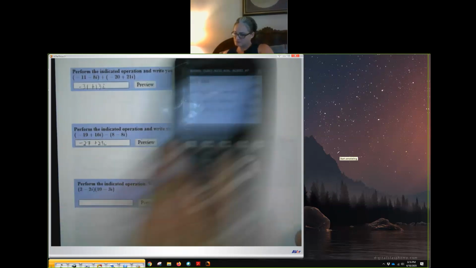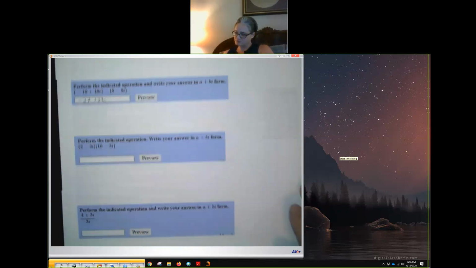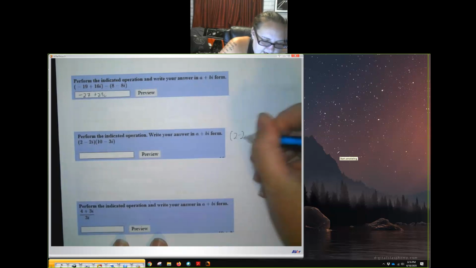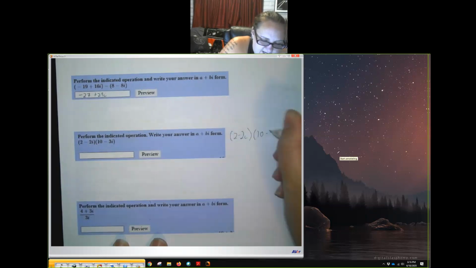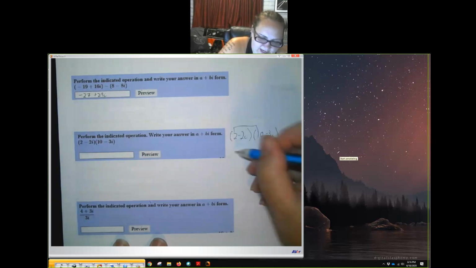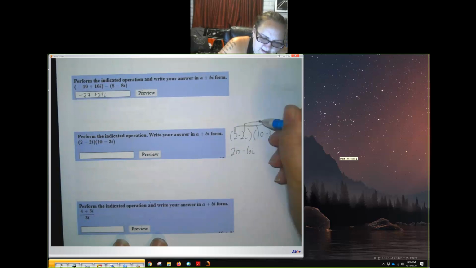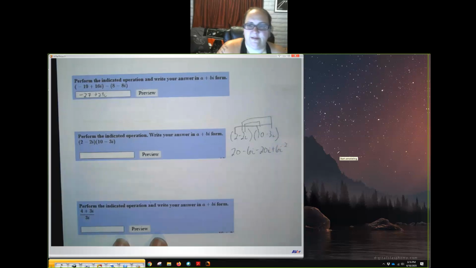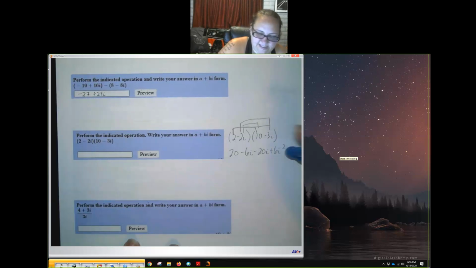And then for multiplication, we'll FOIL. So 2 minus 2i, 10 minus 3i. So that's going to be 20 minus 6i minus 20i plus 6i squared. But we said before that i squared is the same as negative 1.